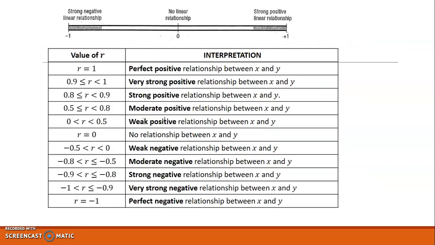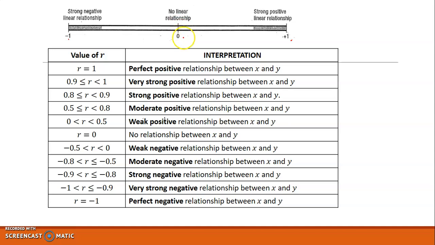This is the summary of the interpretation of the value of R. Please remember that the R value is always from -1 to 1 only, and in the middle we have the 0 value.